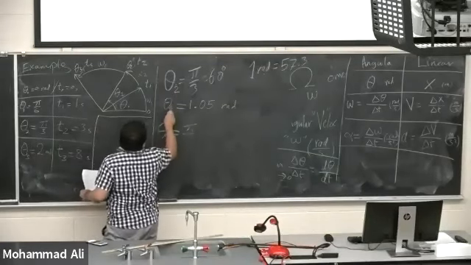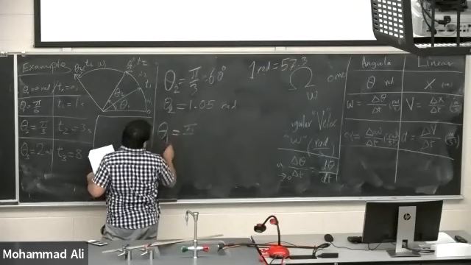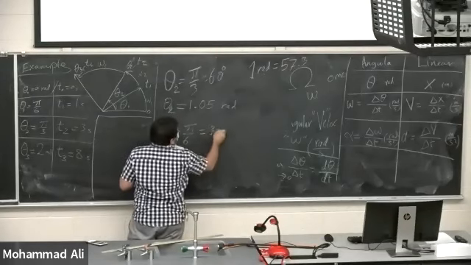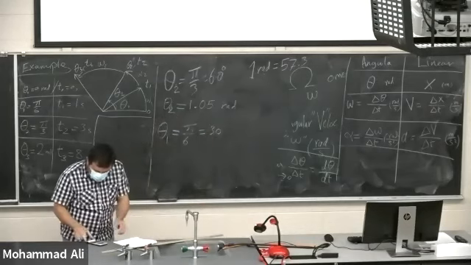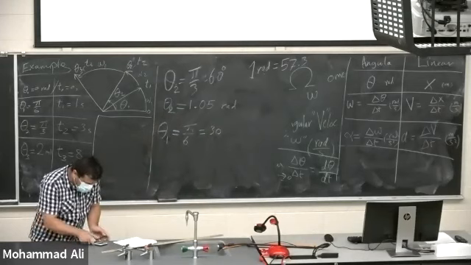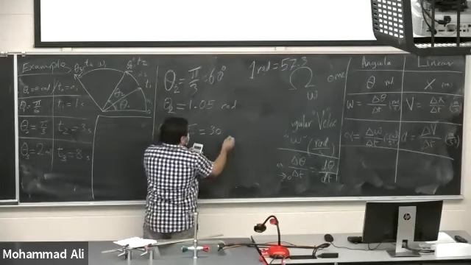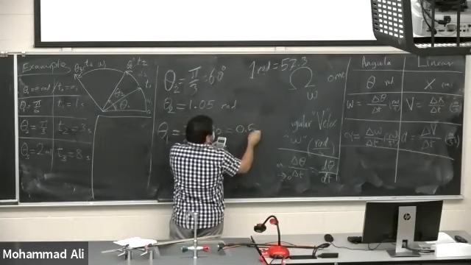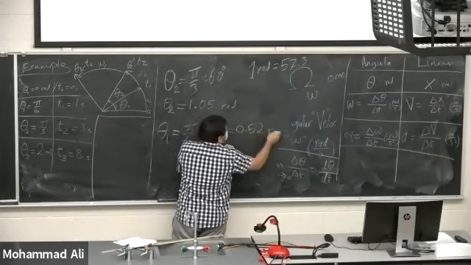Theta 1 is pi over 6, which is 30 degrees. Pi over 6 is equal to 0.52 radians.